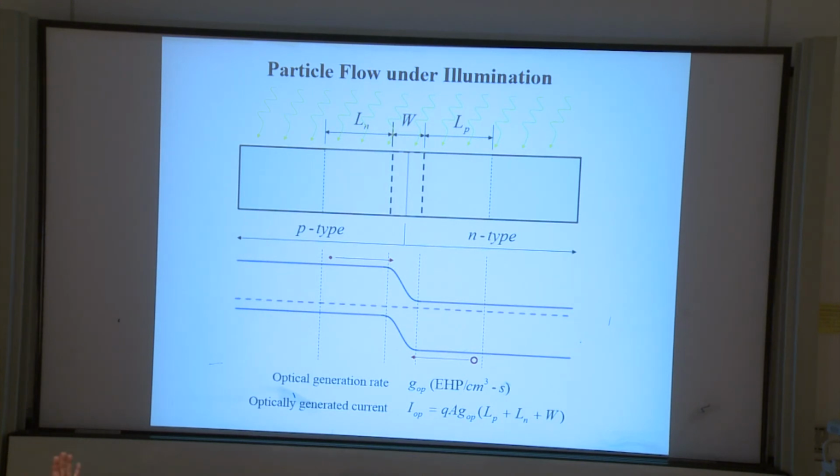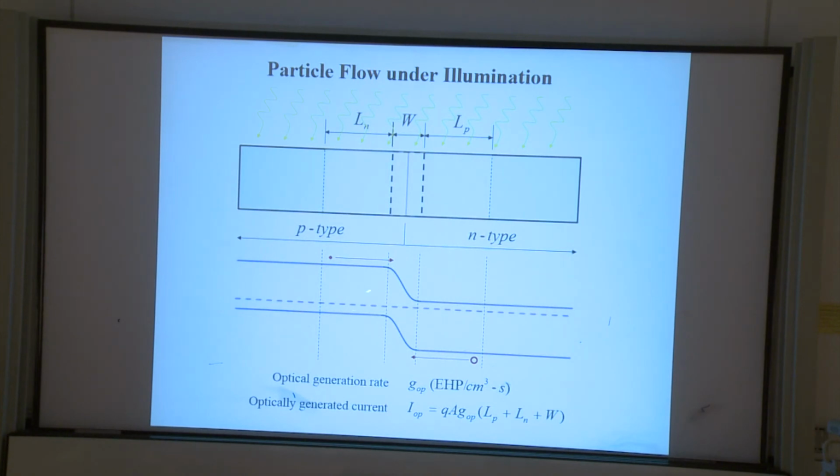So when the photon energy is larger than the band gap, electron-hole pairs are generated everywhere, not only in the electron diffusion length area or hole diffusion length area, but also in the depletion region. So under illumination, the depletion region has electrons and holes again, not only depleting anymore.